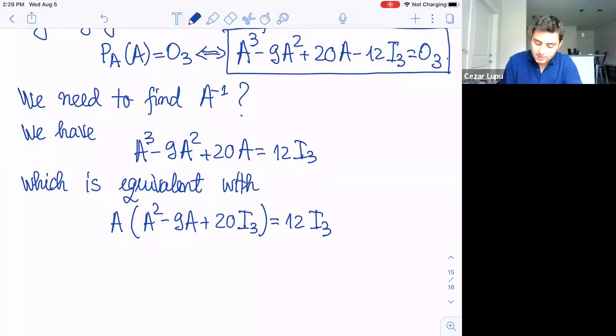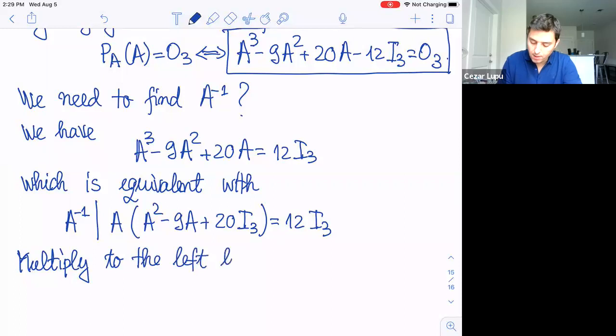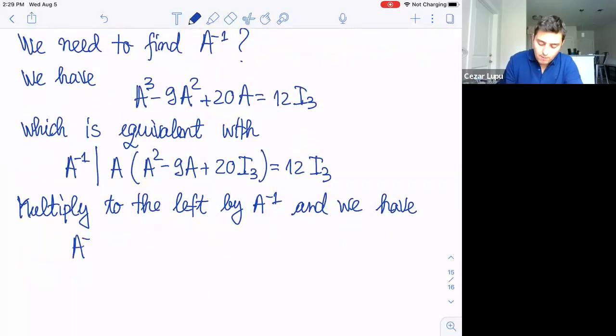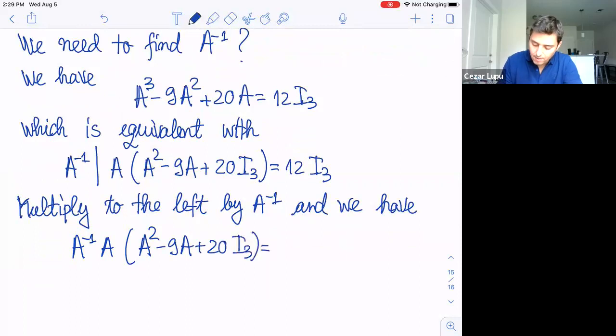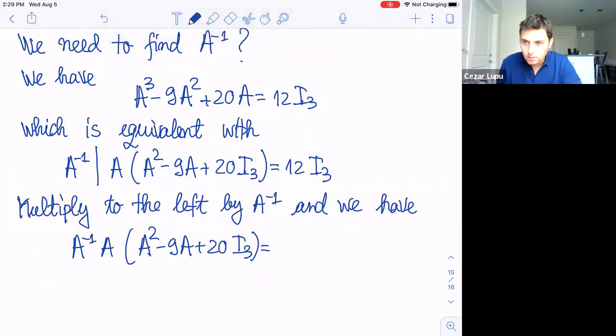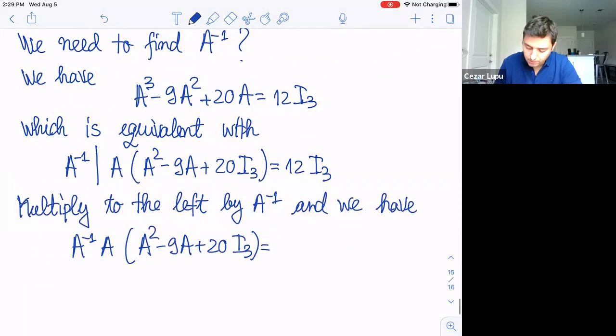Since the inverse exists, I can multiply to the left by A inverse here, right? So multiply to the left by A inverse, and we have A inverse times A times A squared minus 9A plus 20 equals what?